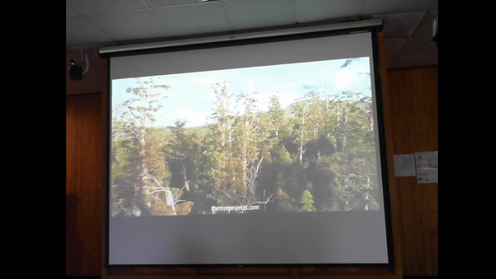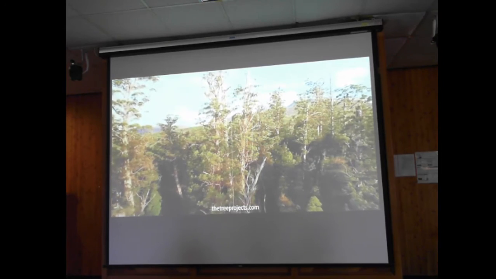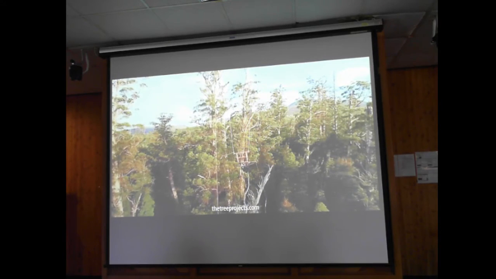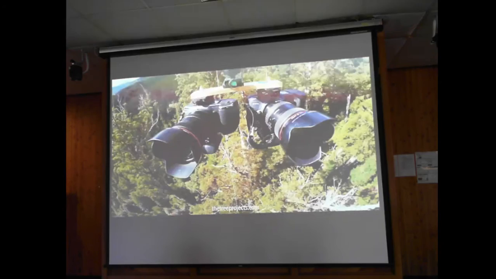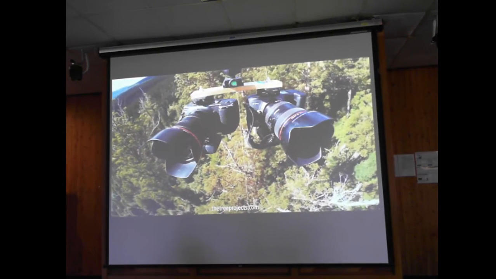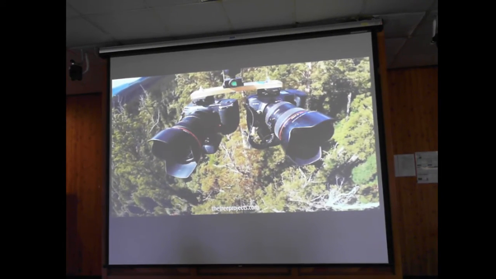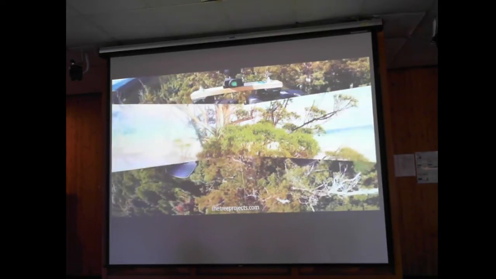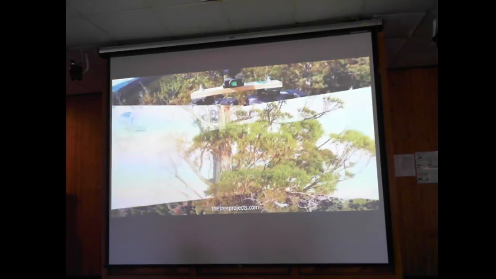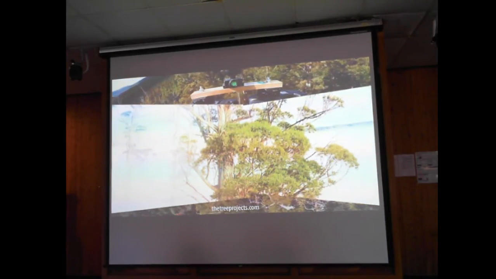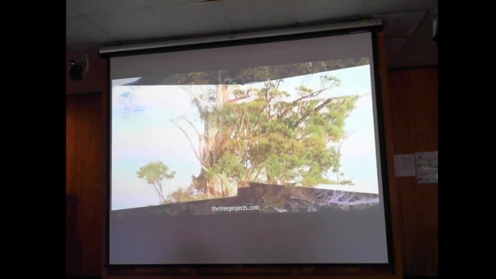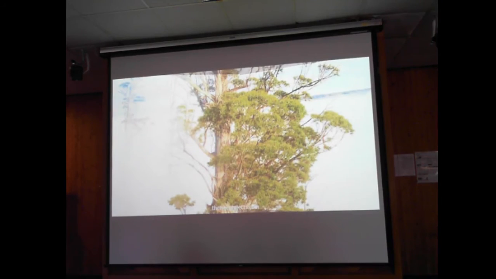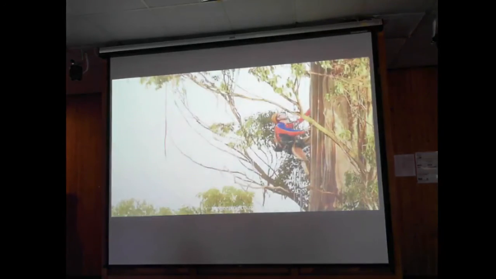And this is taken from our project in Tasmania, which is the second project that we did. So here you can see this is how the photos were taken and then stitched together later on.